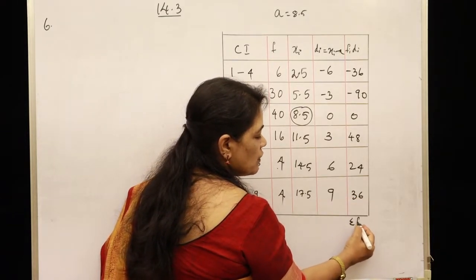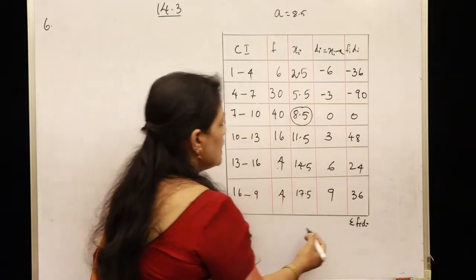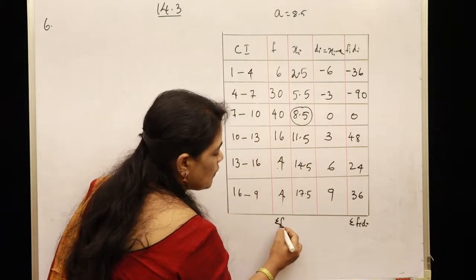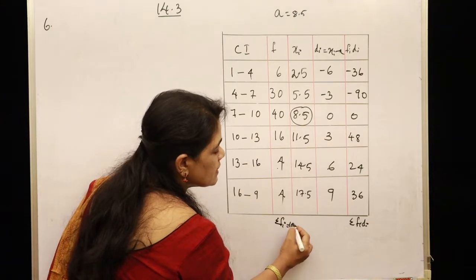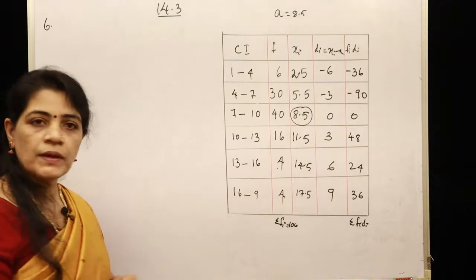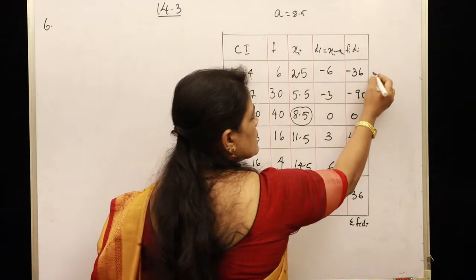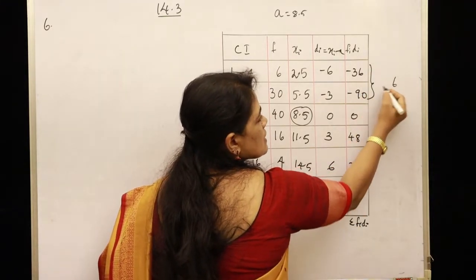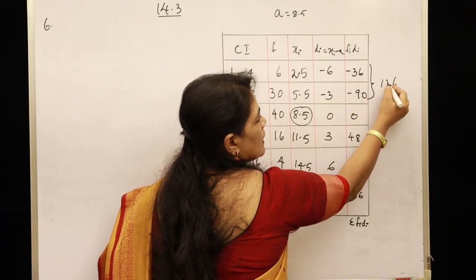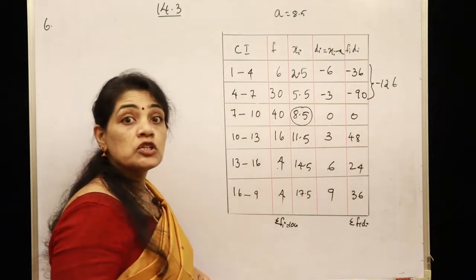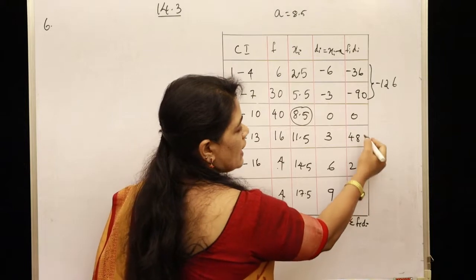Next we have to find sigma fi di. Here sigma fi, we are talking about 100 surnames, so that will be 100. Then sigma fi di: we can add all the negatives, and then the positives.